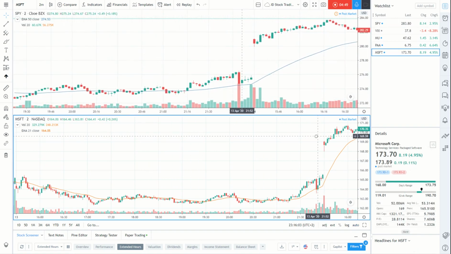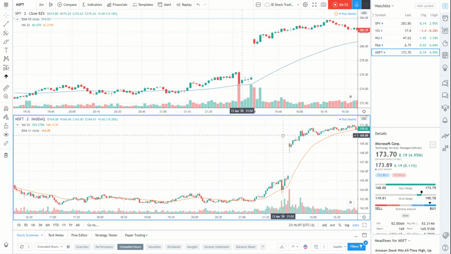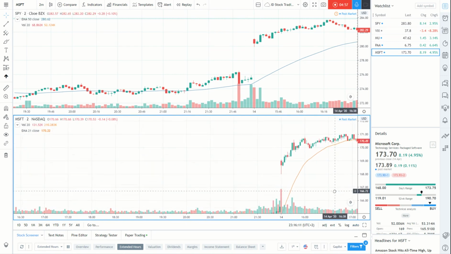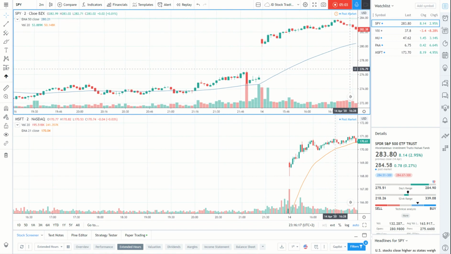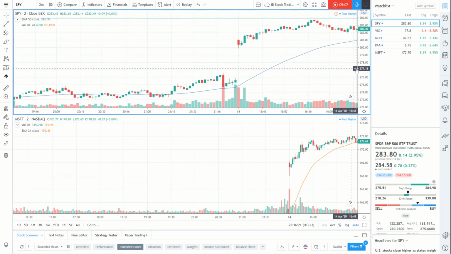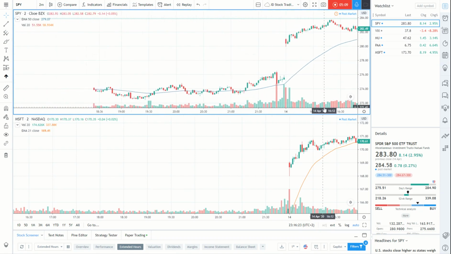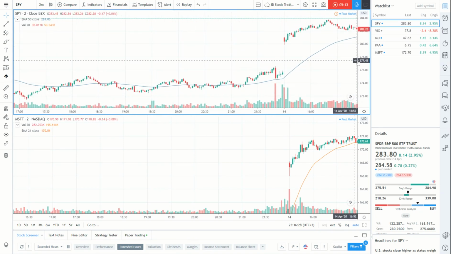And there we go. So the first trade I took was over 171. And that was because at that time, let's see, it's right there.